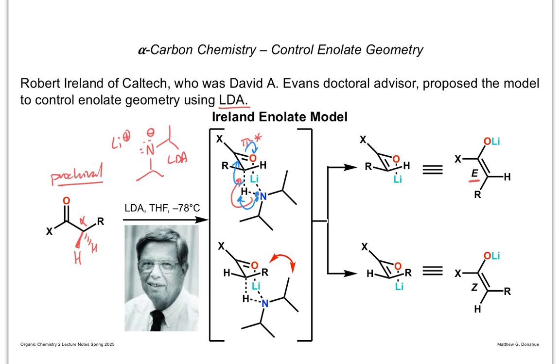The bottom transition state, when you rotate around that bond, puts that R group next to this isopropyl group. And the red arrow is meant to mean steric hindrance, so that's unfavorable.